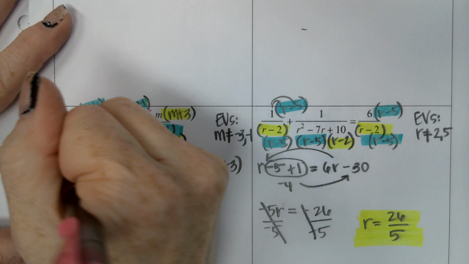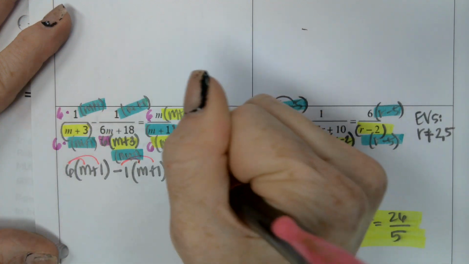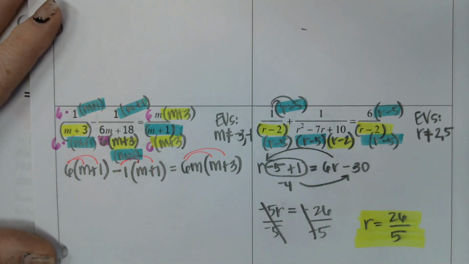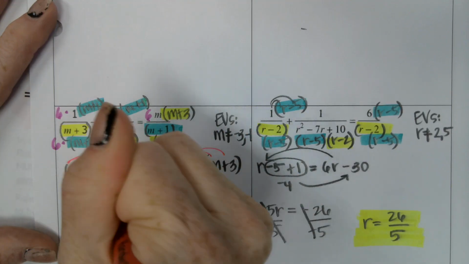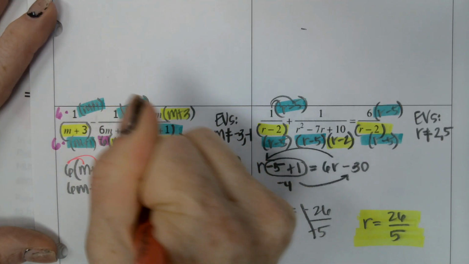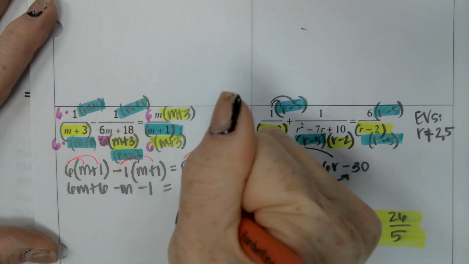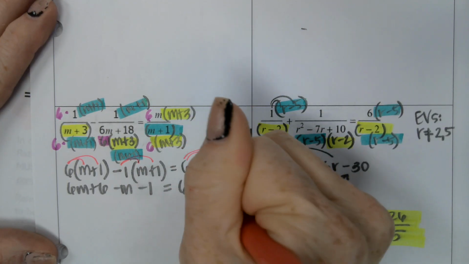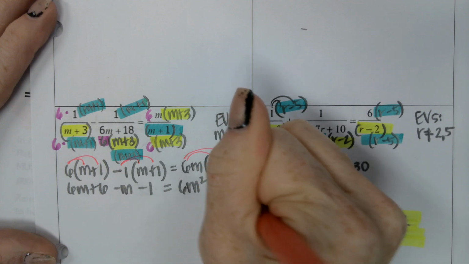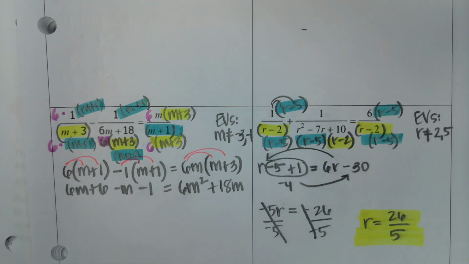And I'm going to do all my distributions. 6m plus 6 minus m minus 1. 6m squared plus 18m. Okay.